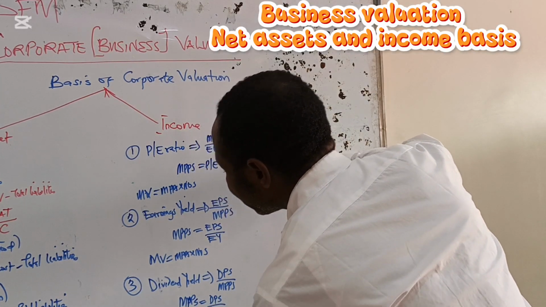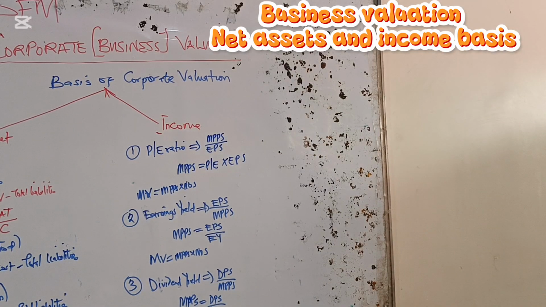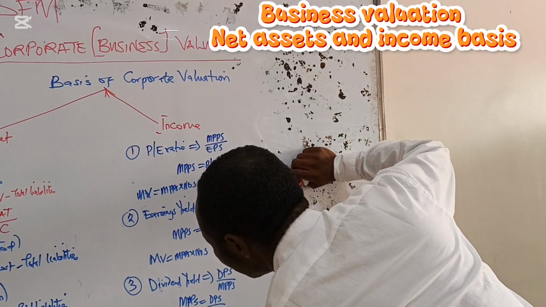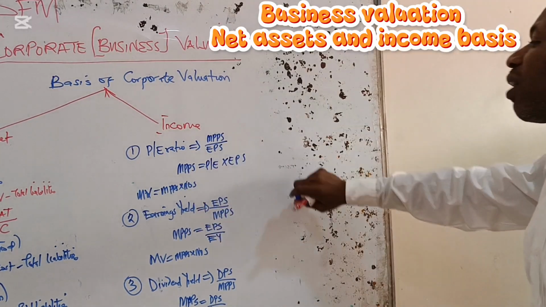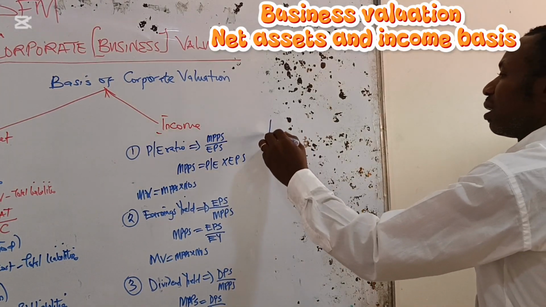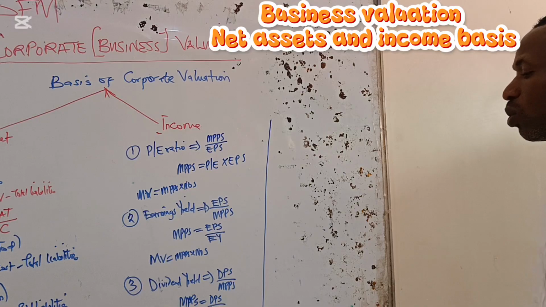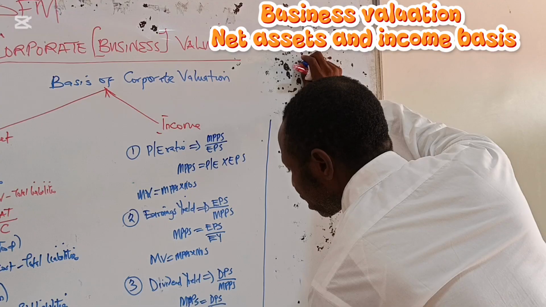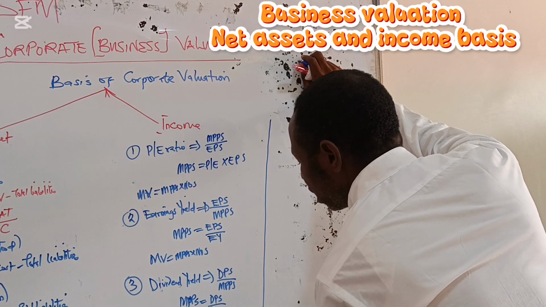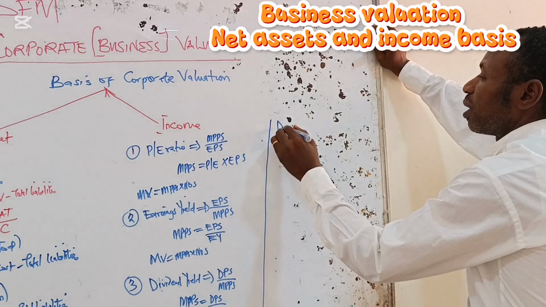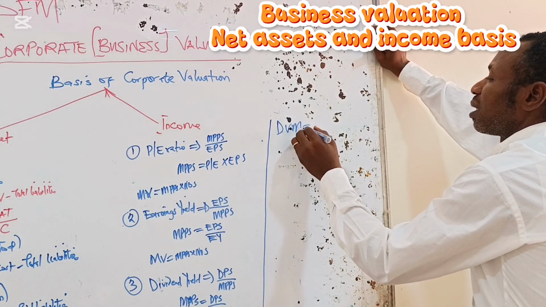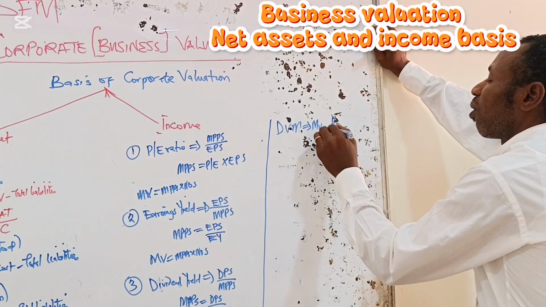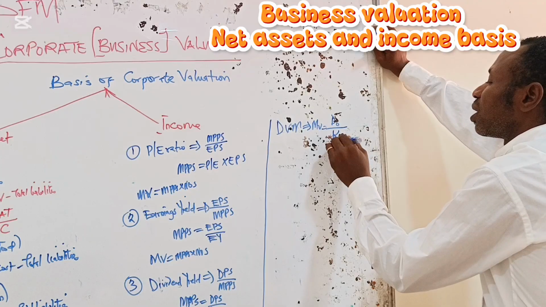Then the fourth one here, after the PE ratio, we have the dividend valuation model. The dividend valuation model is usually divided into two types because we have cases where dividends are constant. In the dividend valuation model, when dividends are constant, it says market value is equal to that constant dividend in year 0 all over cost of equity.